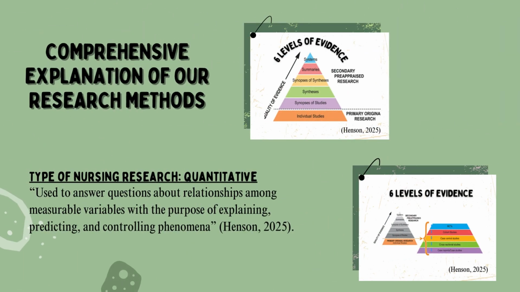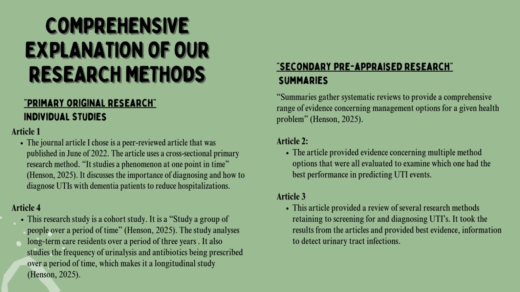As for the comprehensive explanation of our research methods, all four articles used in this presentation used a quantitative research method, which means they were used to answer questions about relationships among measurable variables with the purpose of explaining, predicting, and controlling phenomena. Articles 1 and 4 use primary original research, specifically individual studies.